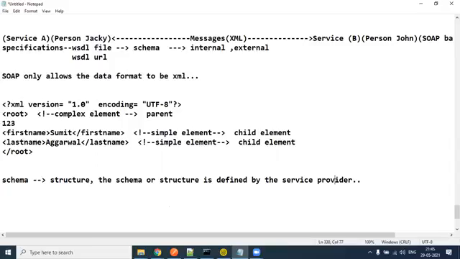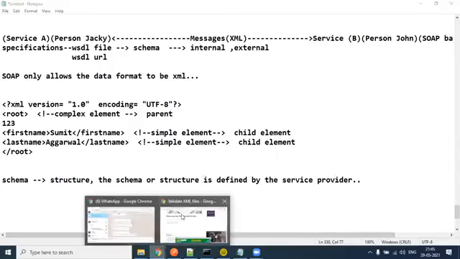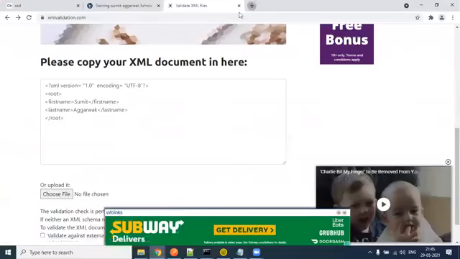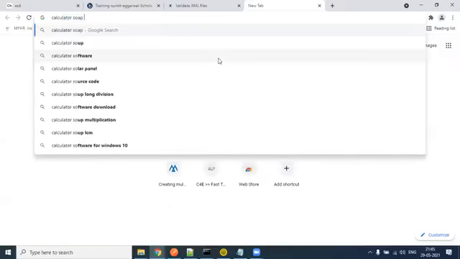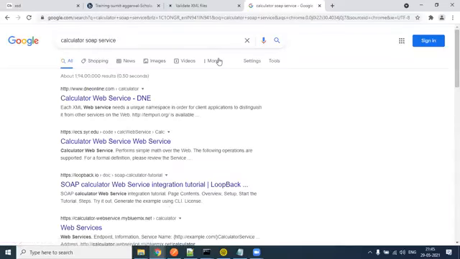All right. So now we have talked a lot of theory. Let's see a few things practically. We'll go here and search for calculator SOAP service. There are some online service providers, some companies who have developed their SOAP services and published them on the internet.